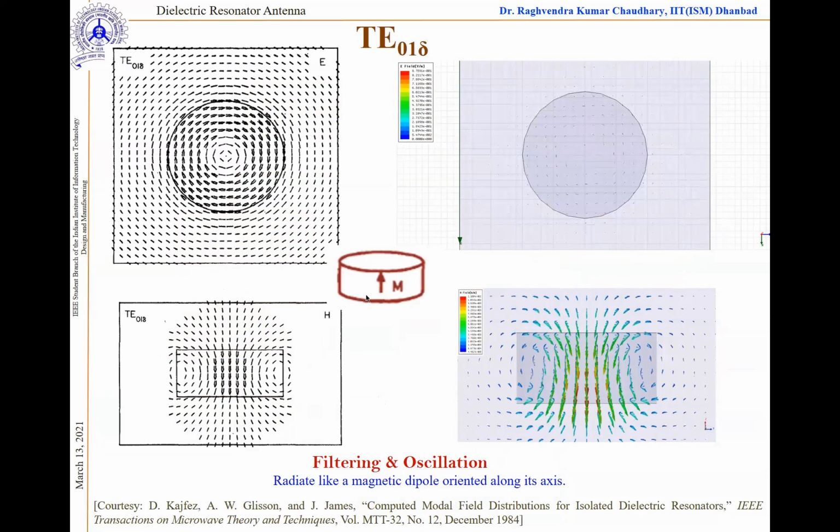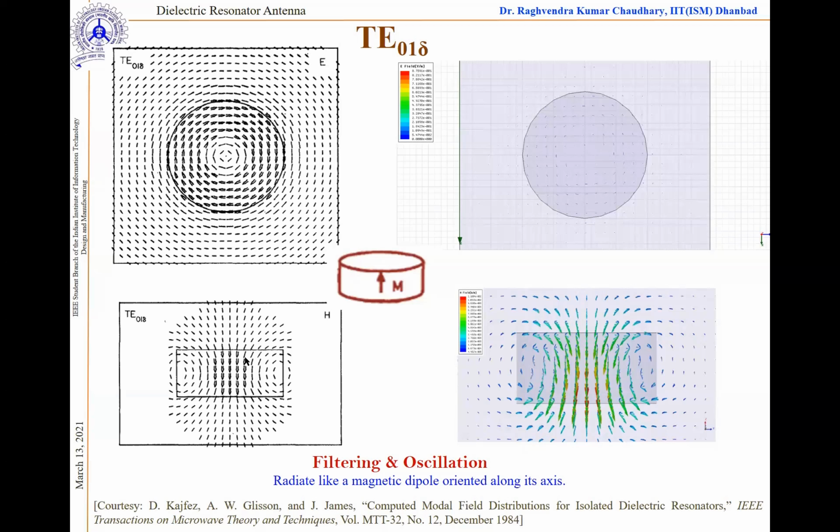Now let us try to understand the TE01δ mode. Fine. So this is the picture you can see at the left hand side. I have taken it from Kajfez's book. Or you can see this paper he published in 1984, where he gave the computational technique.